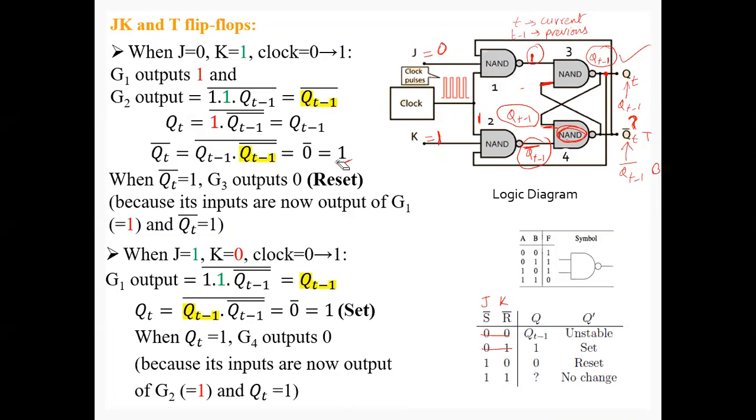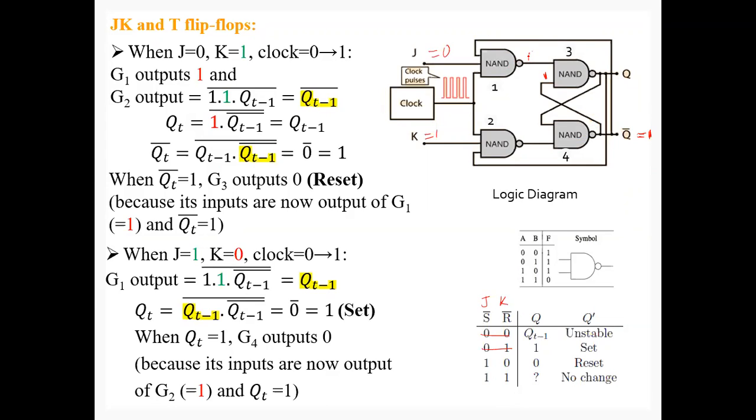Okay. Let me erase this. I don't need anything now. I'm happy. So I'll clean this. I already got that one. So my QT bar is 1. This guy is 1. So if this is 1, see, this is 1, right? This is 0, this is 1.